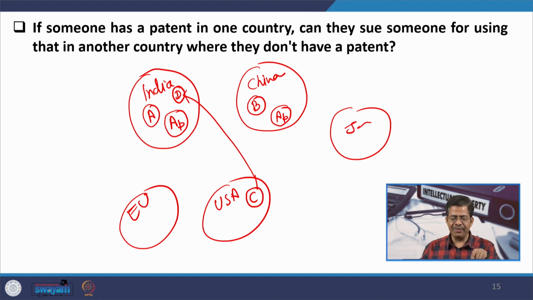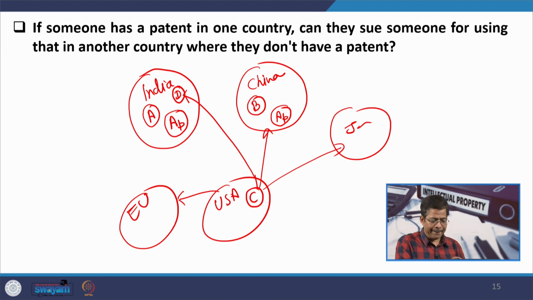Therefore, if the import is happening in India, you can sue them. But if USA is exporting to Japan, to China, to EU, you can't do anything legally in these cases.